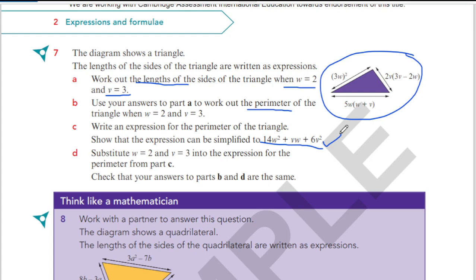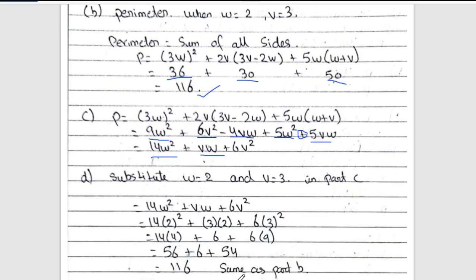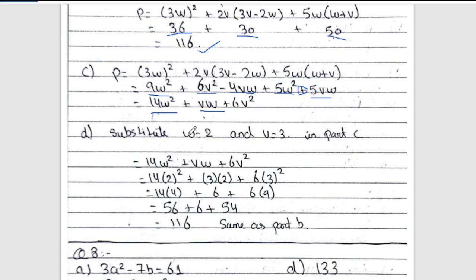Part D is the same, as you just have to substitute the values of w and v as 2 and 3 in this expression, and see that your answer is the same as in part B. So I just put the values of w and v in the expression and solve it. 14 into w square, which is 2 square, which will be 4, 4 into 14 is 56. 3 into 2 will be 6, and 6 into v square, 3 square is 9, 6 into 9 is 54.